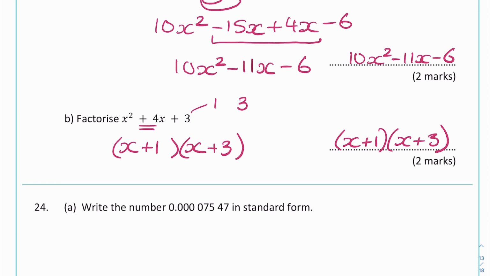It's important to note at this point you could be asked to solve one of these. If it did say to solve, it would be equal to 0, and if you were solving like that, you just flip the symbols of the number in the bracket. So for this one, x would be equal to negative 1, and for this one, x would be equal to negative 3. But even when you are asked to solve, you get most of the marks for just factorising it. So make sure you're happy with factorising.